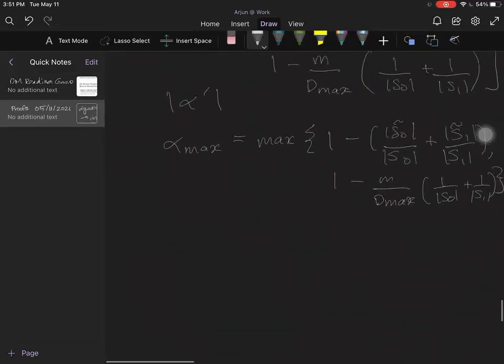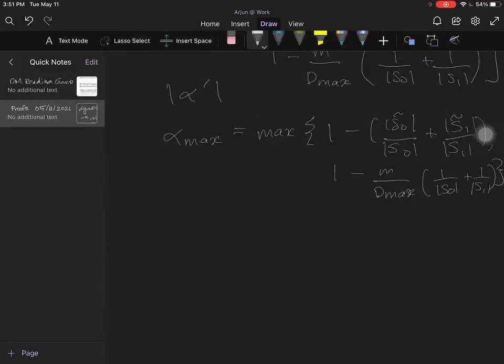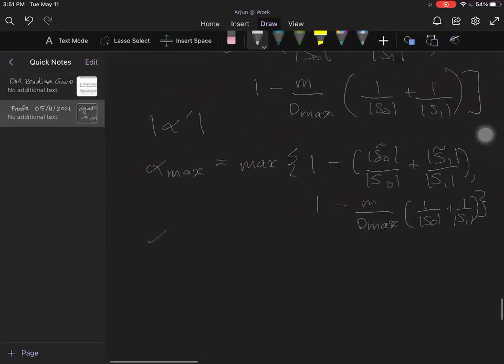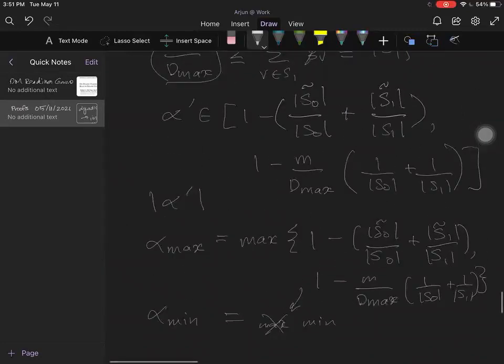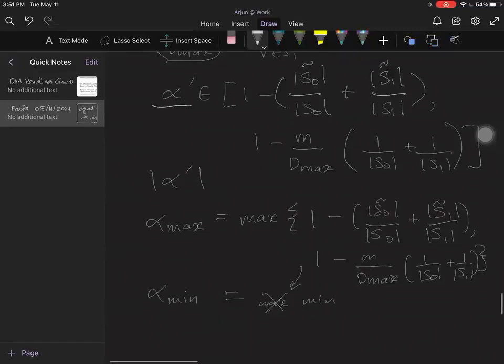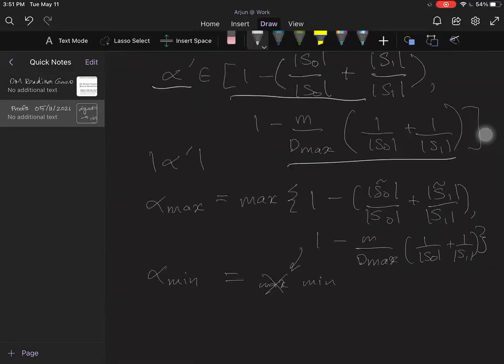And similarly, we're going to have a situation for the minimum of this absolute value. And the minimum is just the same thing as this, except we're going to swap out the max with the min. So given these two that we have here, we have the lower and upper bounds on alpha prime, then the upper bound on alpha max is going to be the maximum of these two bounds, and the lower bound on the absolute value of alpha prime is going to be the minimum of these two bounds.